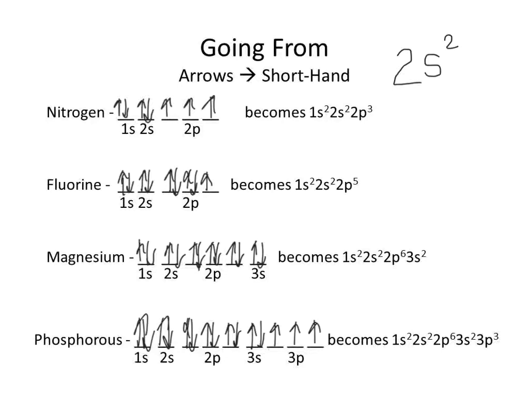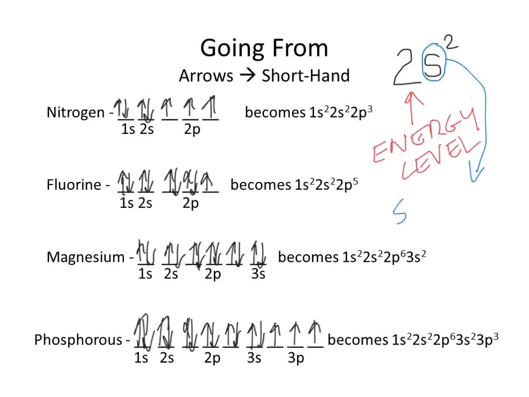Now, how does this work out? The first number represents the energy level, and that will change depending on what energy level those electrons are in. So it'll be 1, 2, 3, 4, 5, 6, 7. The next thing, the s, will tell you the sublevel.